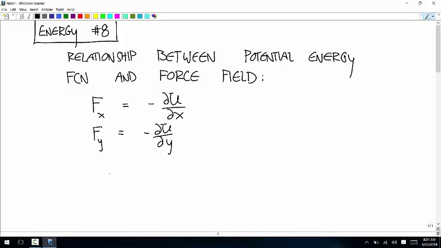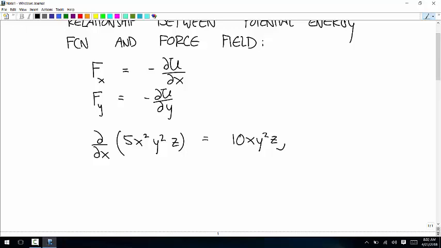So, like the partial derivative with respect to x of 5x squared y squared z is just, you assume that the y squared z is a constant, and so you have 10x y squared z. So you just treat those other variables like they're numbers.